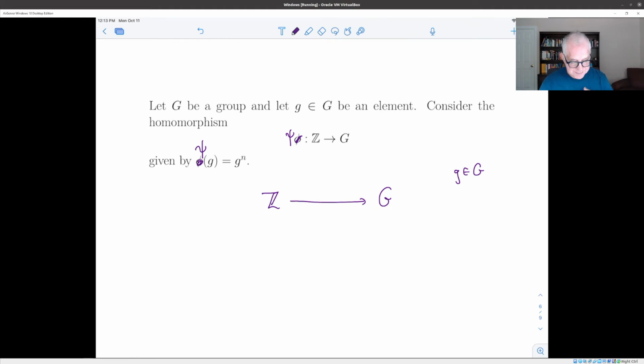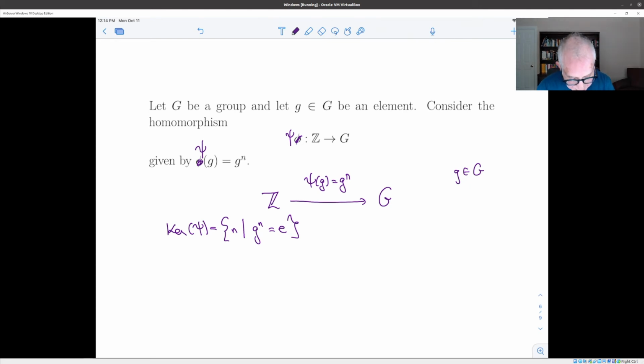It doesn't matter what. And the map is psi of n equals g to the n. So what is the kernel of psi? The kernel of psi is the collection of integers n such that g to the n is equal to the identity. Because to be in the kernel is to be in a situation where you map to the identity.